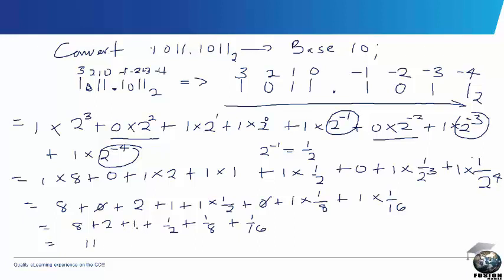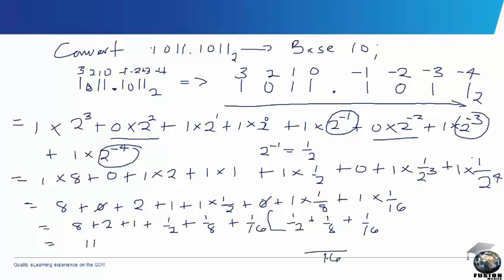Alright, so I can now add the 3 fractional numbers. Okay, this is my own method. What I do is this: 1 over 2 plus 1 over 8 plus 1 over 16. LCM here will be 16.